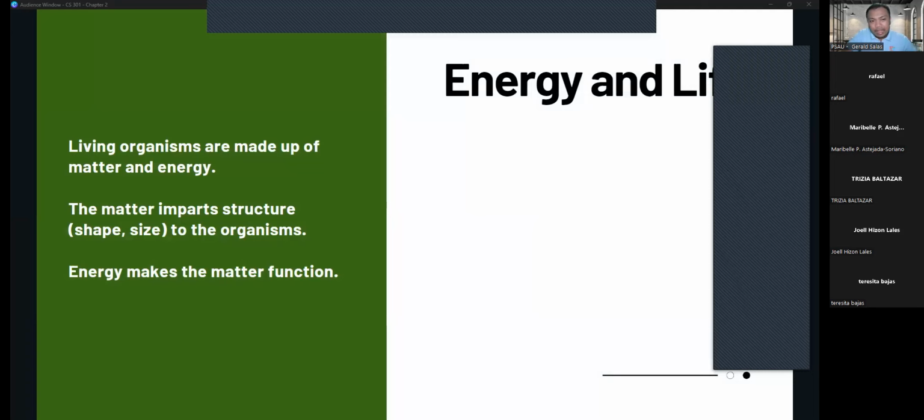However, the matter doesn't make it function. Kumbaga, it's not the matter that functions. It is actually the energy that pushes the matter to function. Now, aside from nitrogen, carbon dioxide, and oxygen, we have carbon in living organisms.